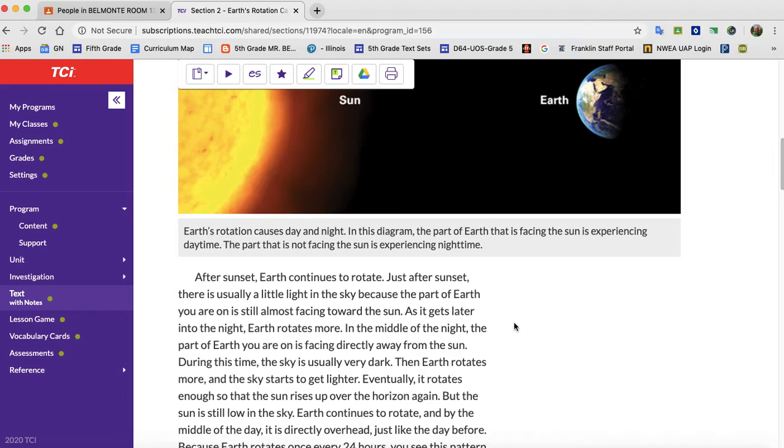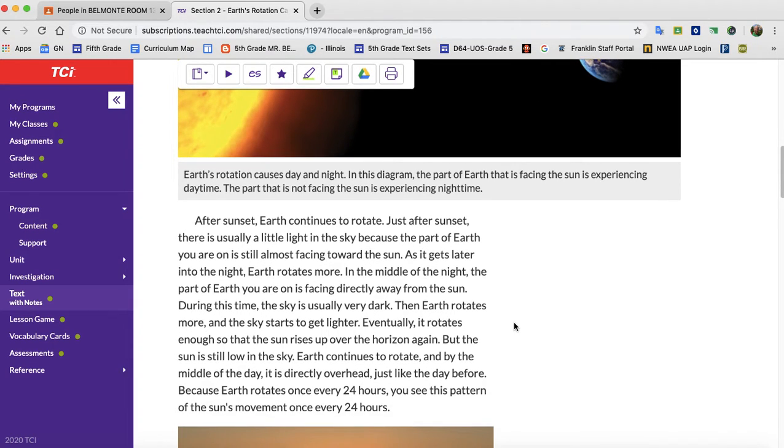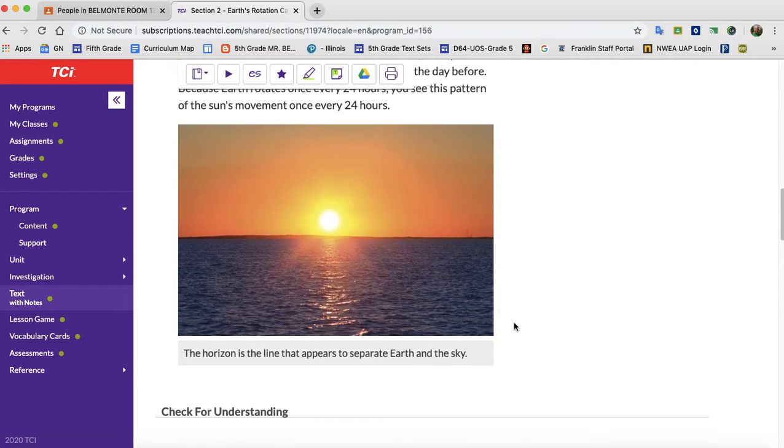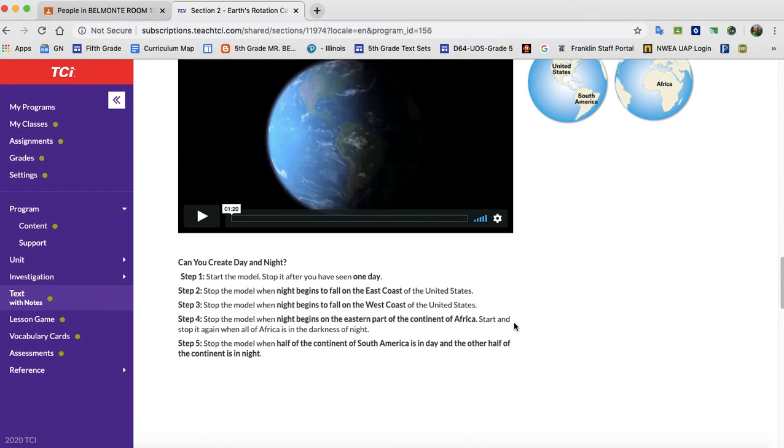Eventually, it rotates enough so that the sun rises up over the horizon again, but the sun is still low in the sky. The Earth continues to rotate, and by the middle of the day, it is directly overhead, just like the day before. Because the Earth rotates every 24 hours, you see this pattern of the sun's movement every 24 hours.